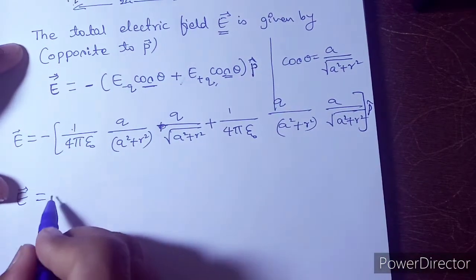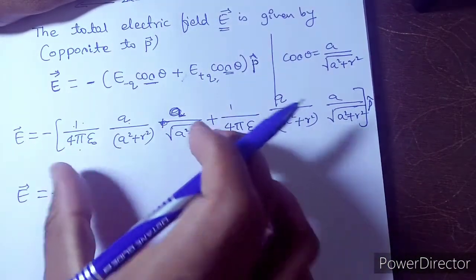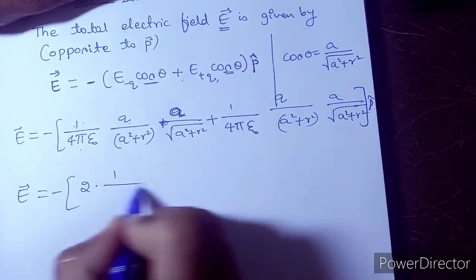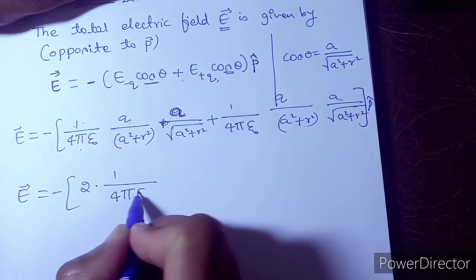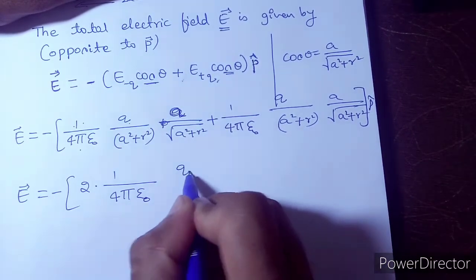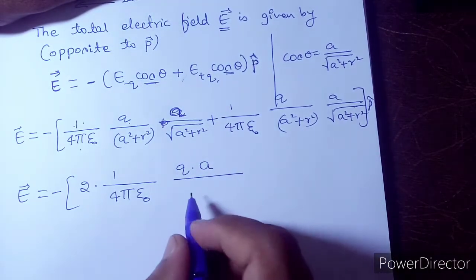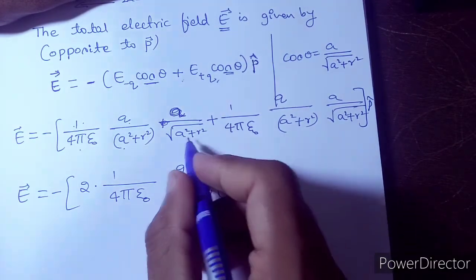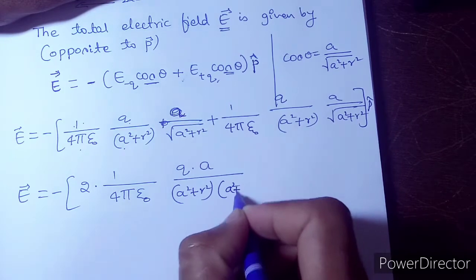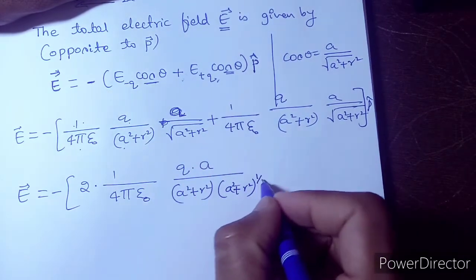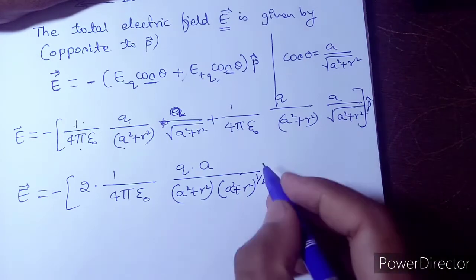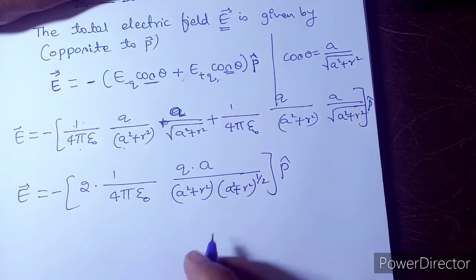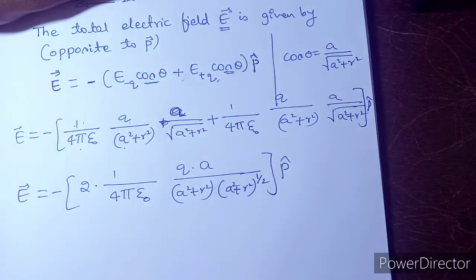E is equal to minus, we have 2 times the same terms, so we can write 2 times 1 over 4 pi epsilon naught q into a divided by a square plus r square into square root of a square plus r square, into p cap. Can we write like this? Of course we can, we have 2 times the same terms.